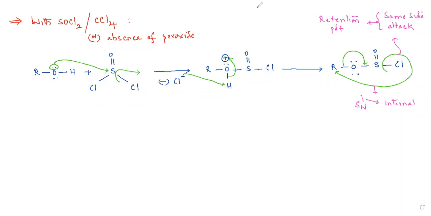Okay. Finally, we get RCl, I mean alkyl chloride, and sulfur dioxide. Anyway, here we got HCl. Along with this, you can write HCl.